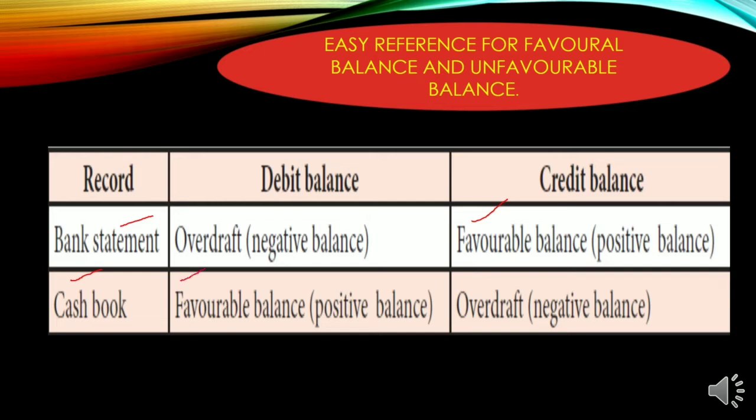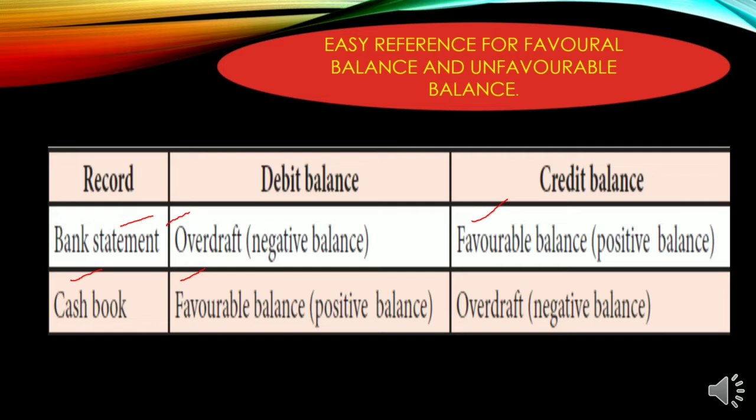Normally we all know the cash book means debit balance, but the bank statement is the new thing. So for the bank, the credit side is the favorable balance, and an overdraft comes on the debit side of the bank statement.